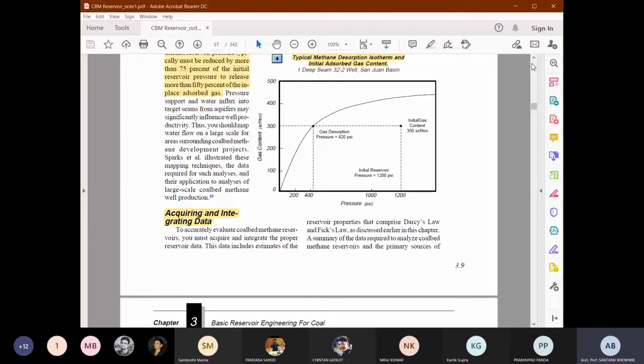Or suppose you have a running well and you are collecting the data, and depending on the data you collect, how you are going to calculate or estimate the gas transport or the gas storage mechanism, that we are going to discuss today.